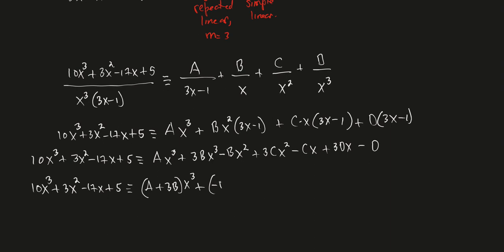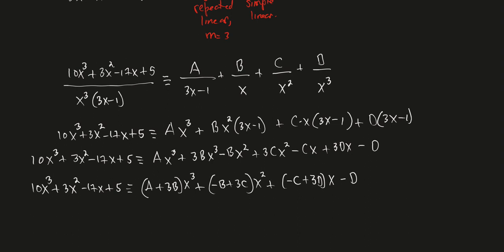We have a negative b plus 3c times x squared. And then for the x term, I have a minus c plus 3d times x. And then there's only one constant term here, and that's the minus d. Right? So we have this.